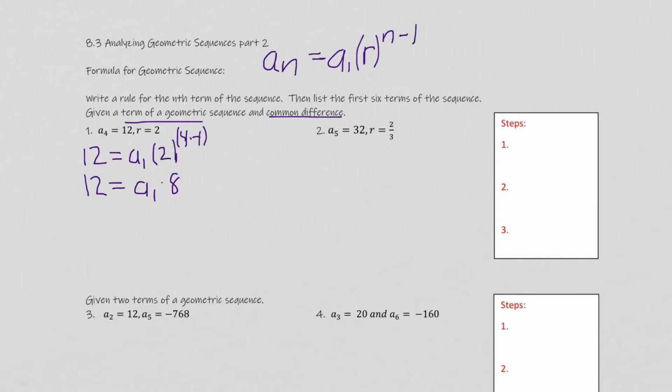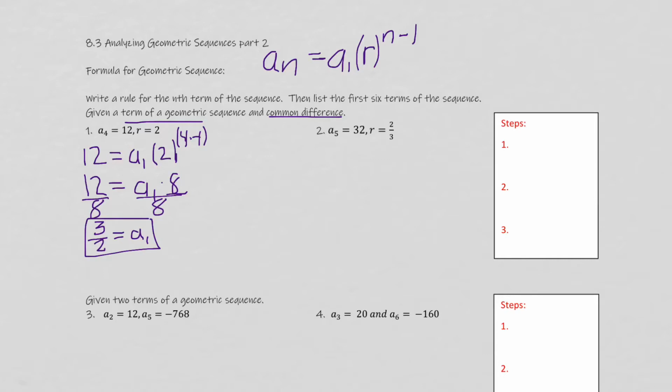Then I'm just going to divide by 8, and 12 divided by 8 simplifies down to 3 over 2, or 1.5, right? So my first term now is 3 over 2.